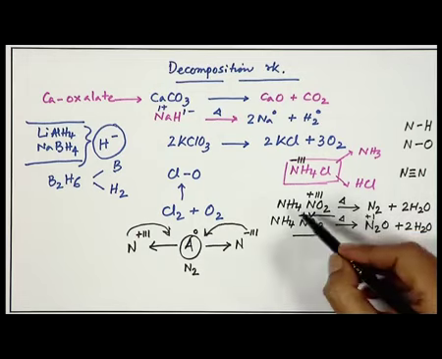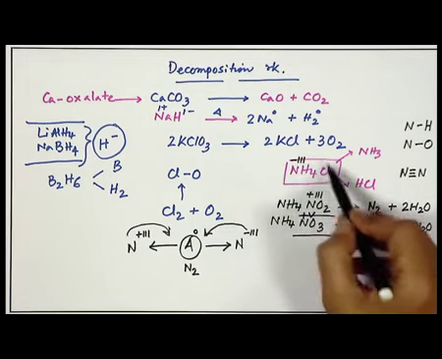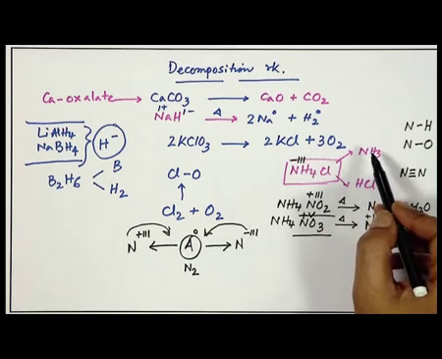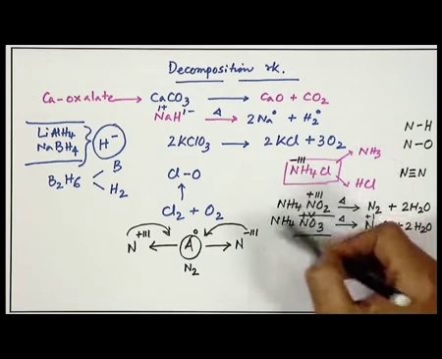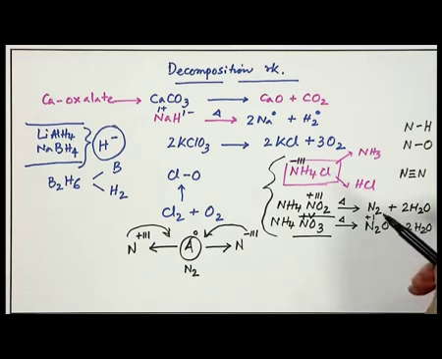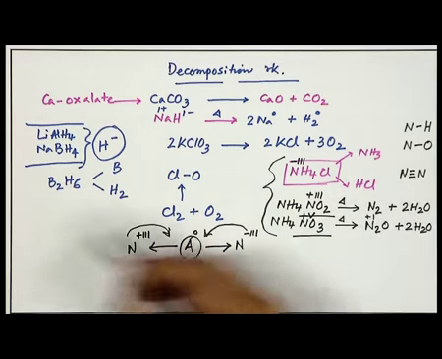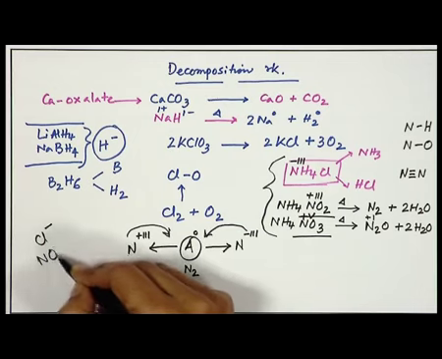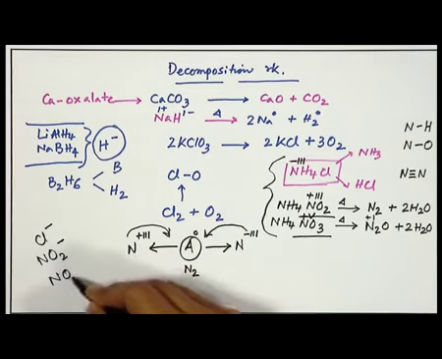So, when we go for the oxidation of this ammonium ion, in some cases the decomposition reaction is such that the same ammonium ion is present in all these 3 examples, which is very interesting, along with different anions. What are these anions? These anions are Cl minus, NO2 minus and NO3 minus.